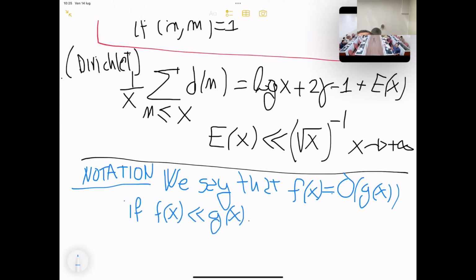Okay, so this is a different way to write the same thing, right? But sometimes it's useful to use an equal sign to do the computation.